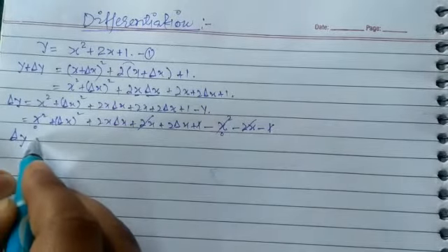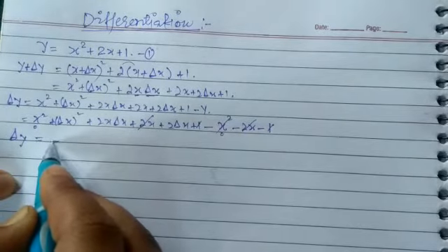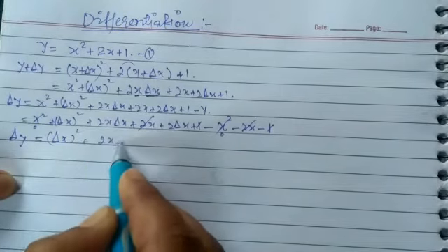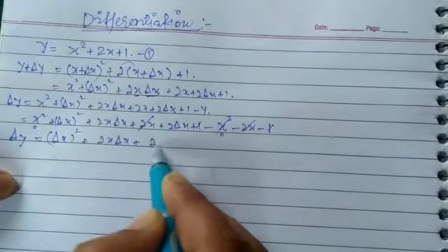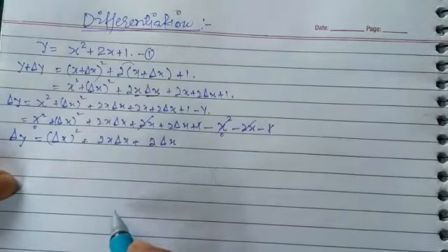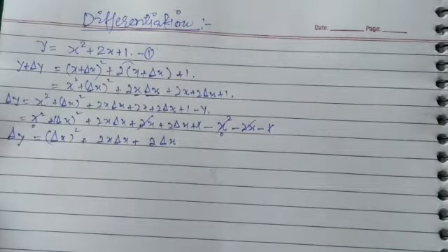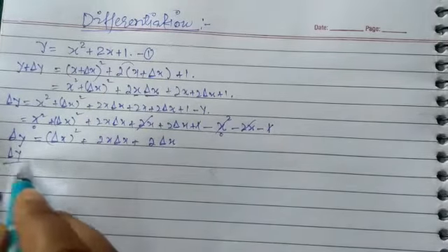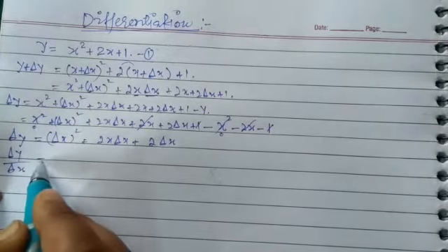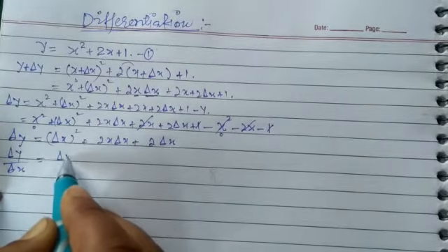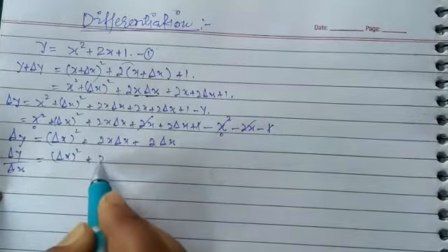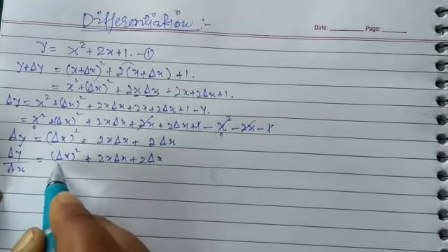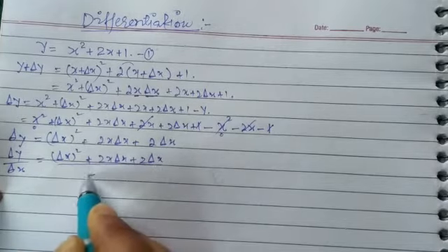So delta y equals delta x whole square plus another term 2x delta x plus another term 2 delta x. Then, as usual, we divide both sides by delta x. Once we divide, delta y by delta x equals delta x whole square plus 2x delta x plus 2 delta x, all by delta x.